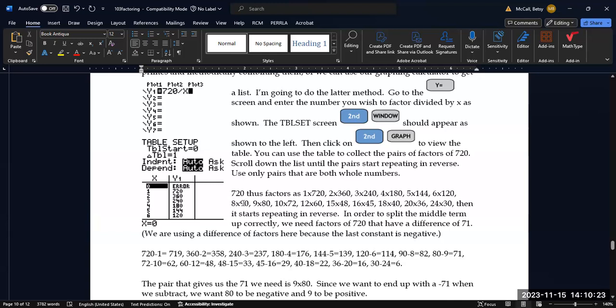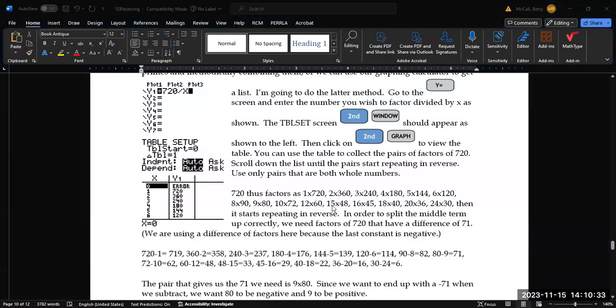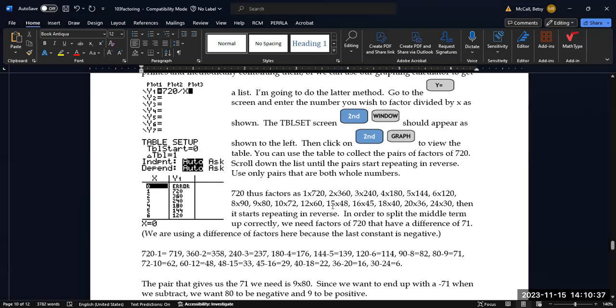So we also have 8 times 90 is 720, 9 times 80 is 720, 10 times 72 is 720, 12 times 60 is 720. If you're getting decimals, they're not common factors. 15 times 48 is 720, 16 times 45, 18 times 40, 20 times 36, and finally 24 times 30, which was what we started with.